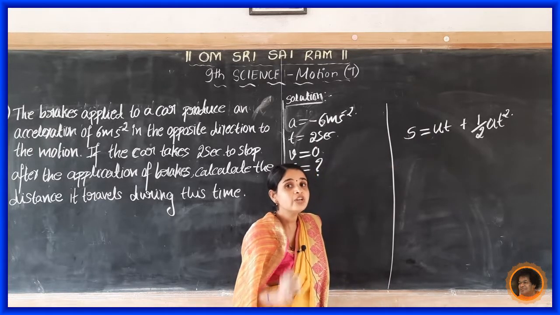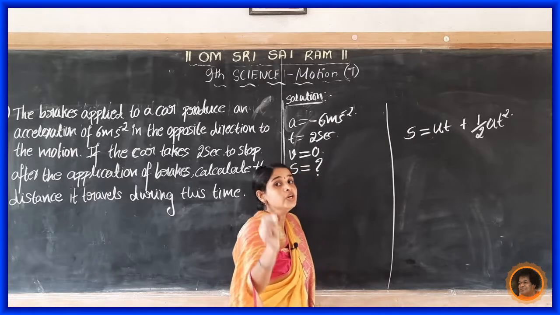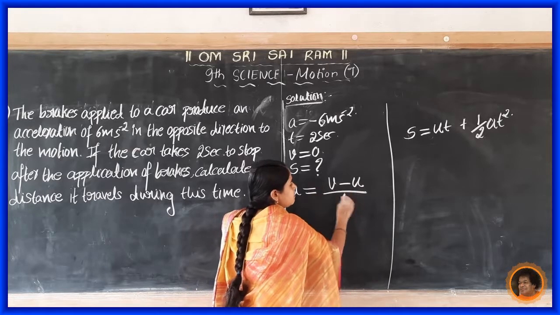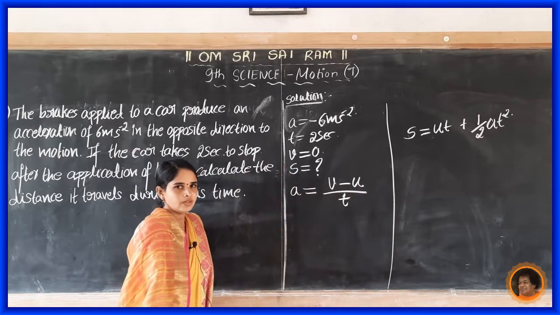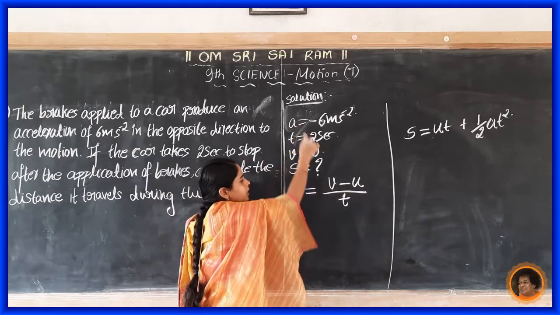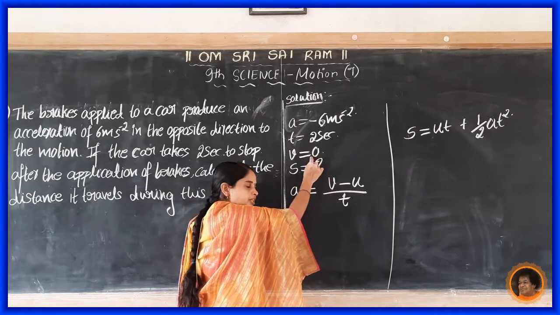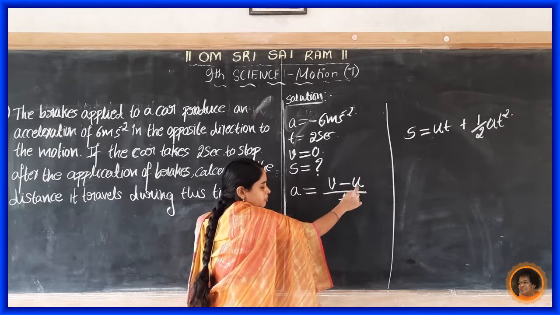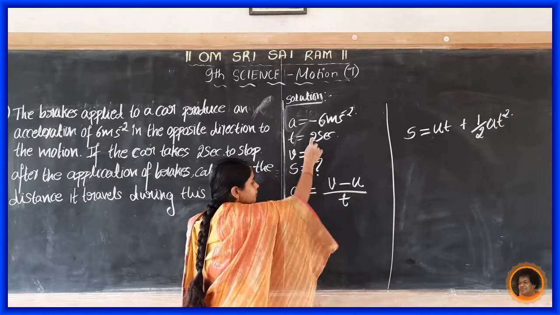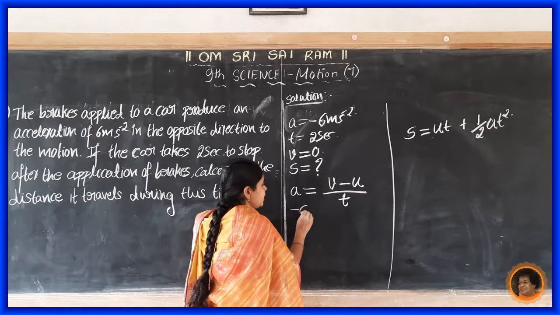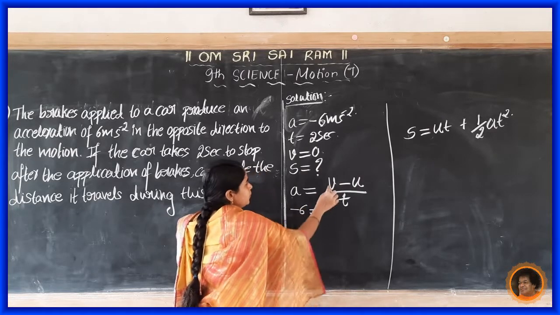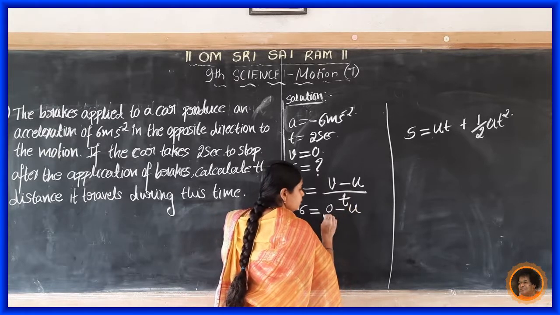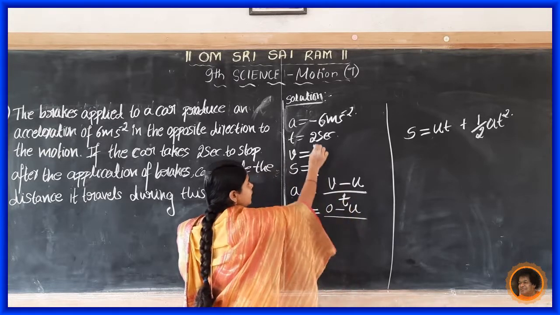So first calculate the initial velocity using the formula a equals v minus u divided by t. a is given here. Final velocity 0, initial velocity u. So a equals minus 6 equals 0 minus u divided by t, t value 2.